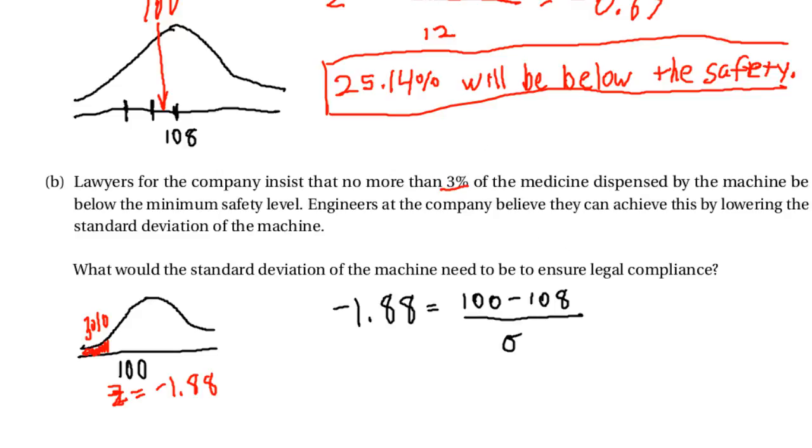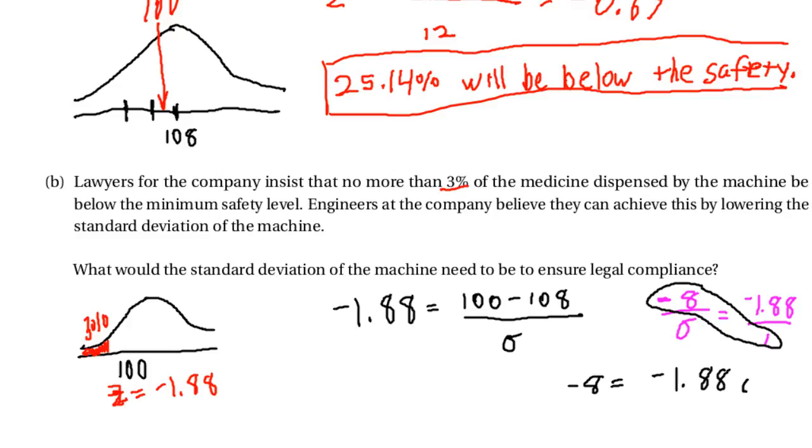Looking at the top, 100 minus 108 is just negative 8. So negative 8 over sigma is going to be equal to this negative 1.88 z-score. I'm going to put that over 1 so that now I can just cross multiply. So negative 8 times 1 is just negative 8, and that's going to be equal to negative 1.88 sigma.